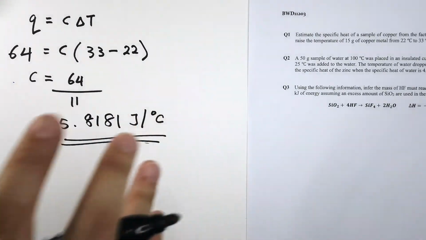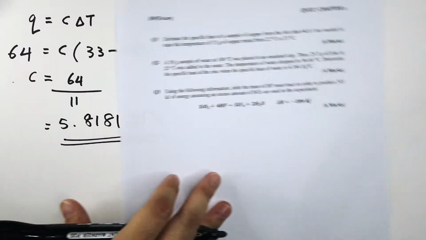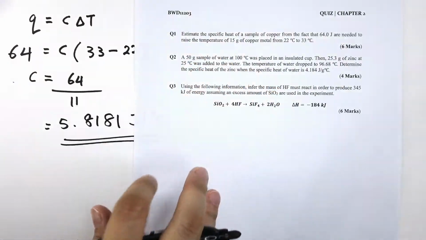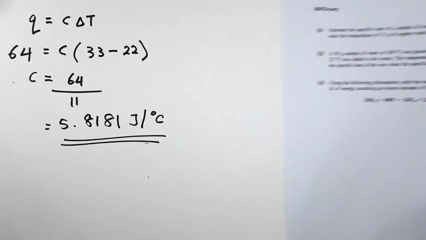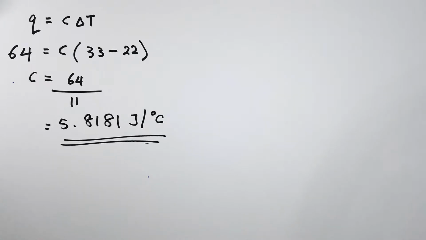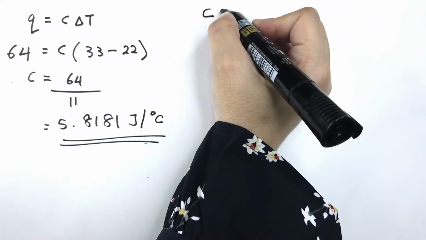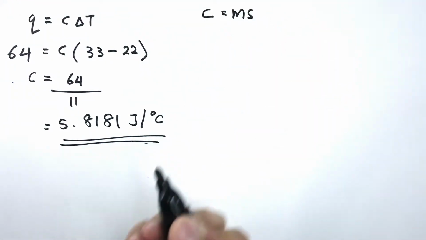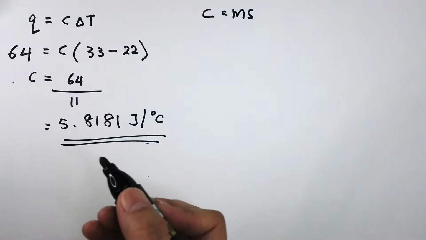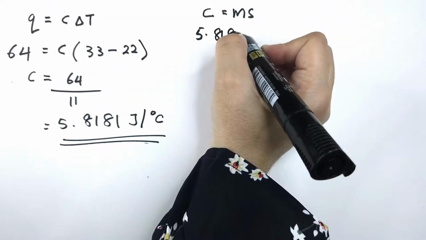And then from here, because you were asked to estimate the specific heat, it means that you are going to find the value of S. So how are you going to find the value of S? You are going to use the formula C equals MS. You already calculated the value of C, which is 5.8181.